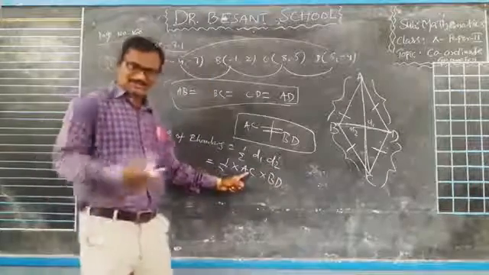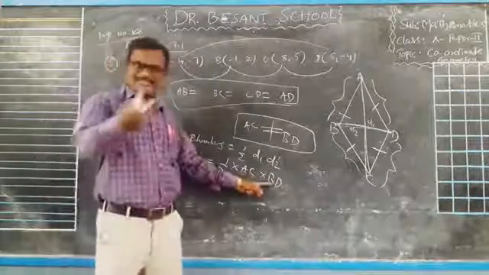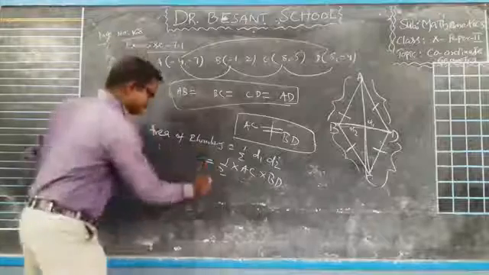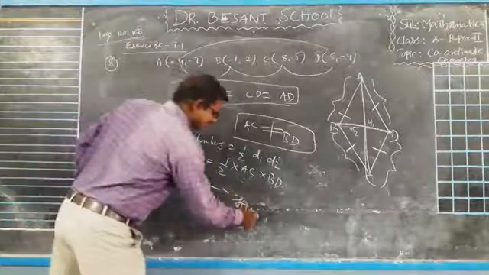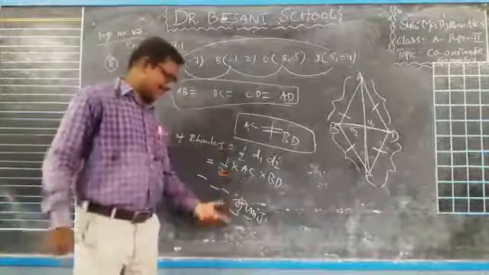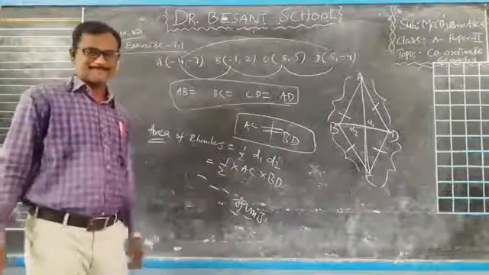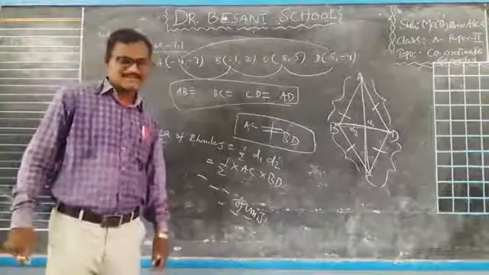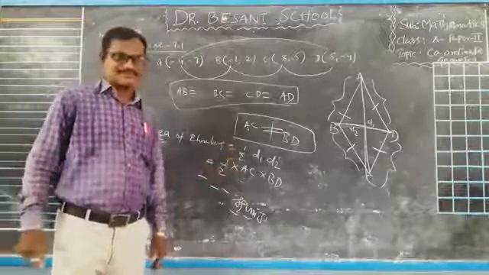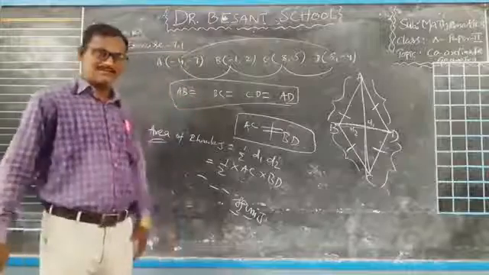Replace AC and BD with the values you got and simplify. The answer will be in square units, because area is in square units. So you can find the area of a rhombus by using this formula. Can you handle this problem, children?